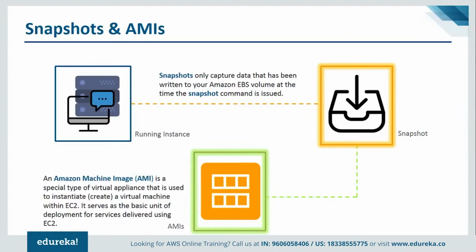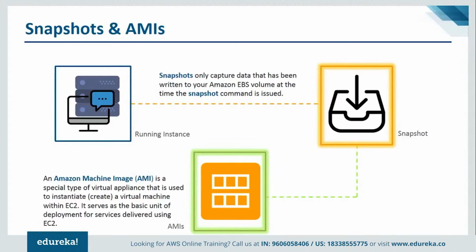So AMI, which is an Amazon Machine Image, is nothing but an executable image of your already existing EC2 instance, right? But before an AMI can be created, there's a thing called snapshot. Now, what are snapshots? Snapshots are nothing but a copy of the data that you have on your hard drive.